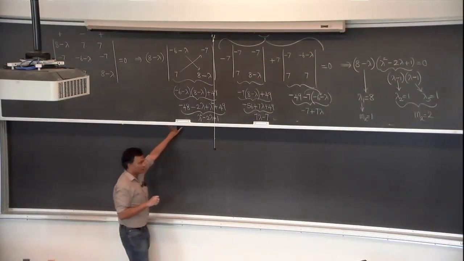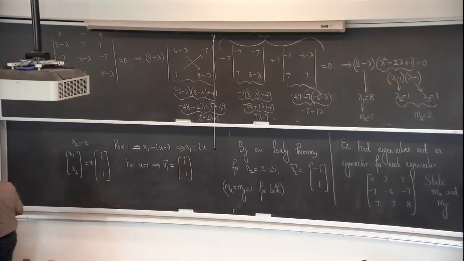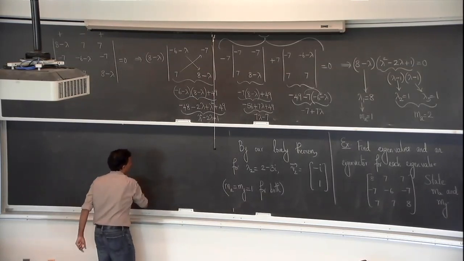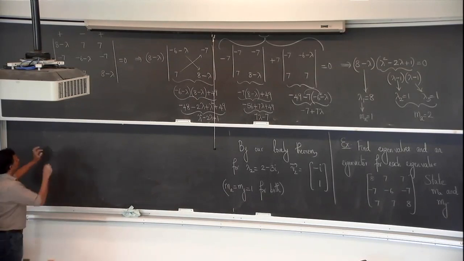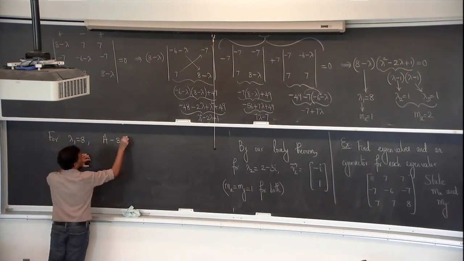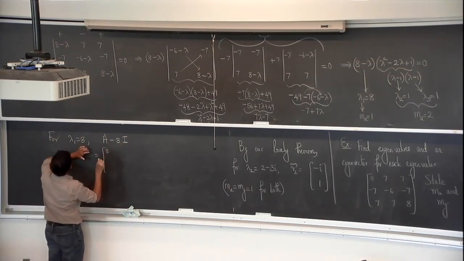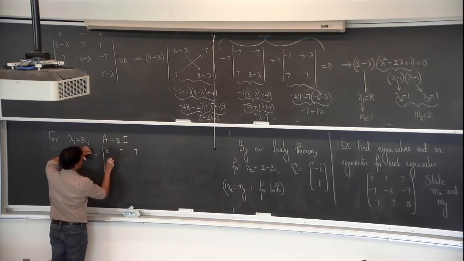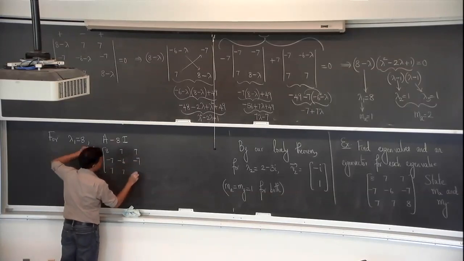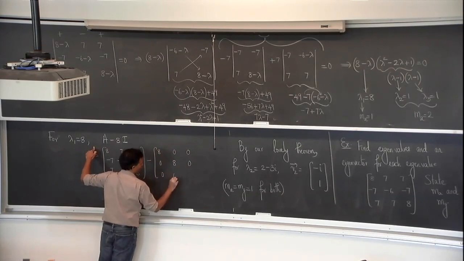Now let's find an eigenvector for each of those. So A minus 8I would be 8 7 7, negative 6, negative 7, negative 6, negative 7, and 7 7 8, minus 8 0 0, 0 8 0, 0 0 8.